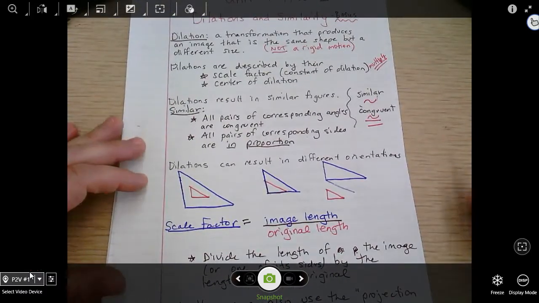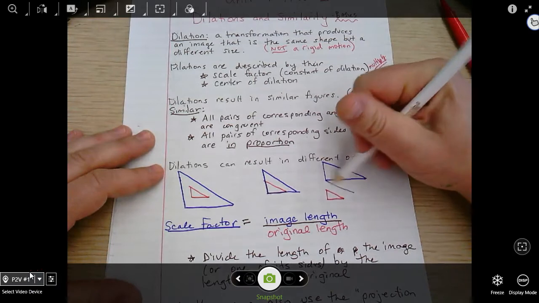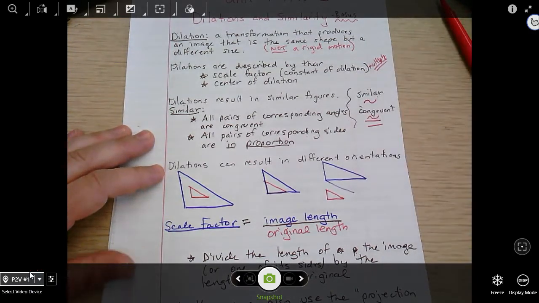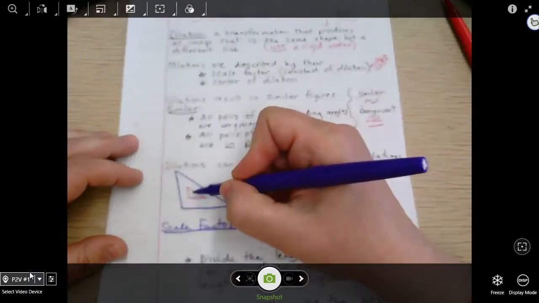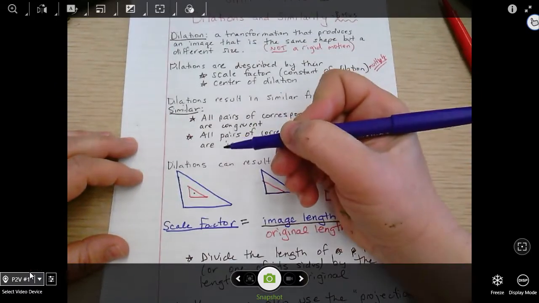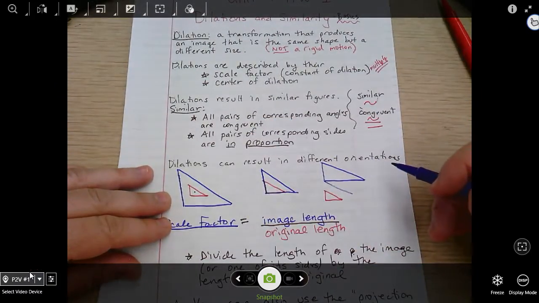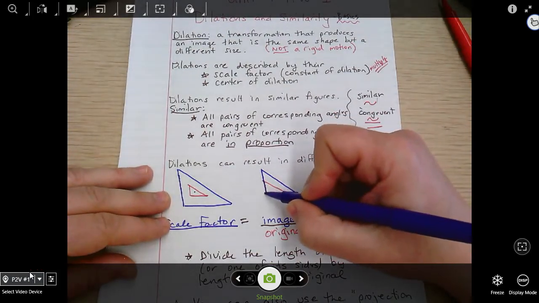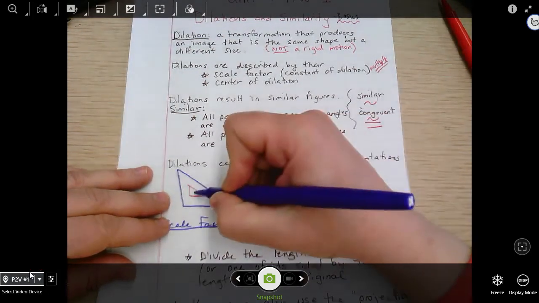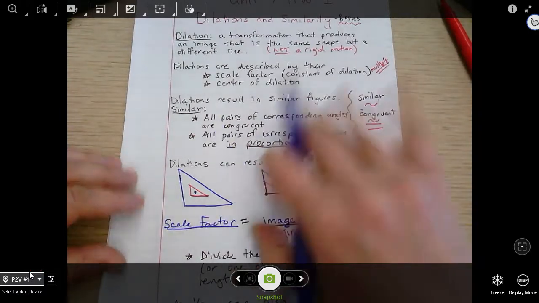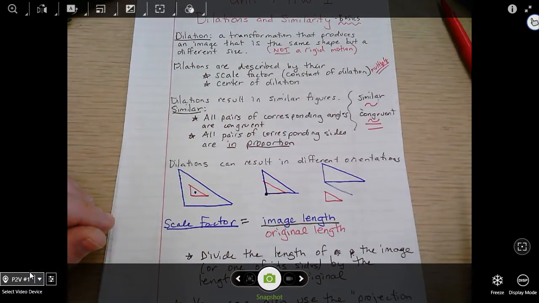Dilations can result in different orientations. This was a mistake here, try to blot that out. If the center is within a figure, then the dilation will be around the original. If the center is on a corner, then the image will be partially overlapping.